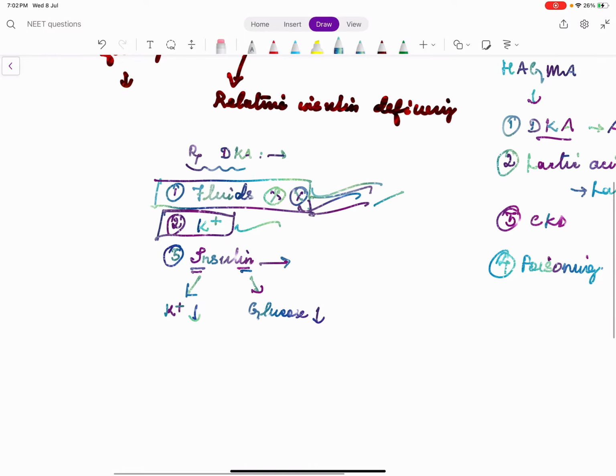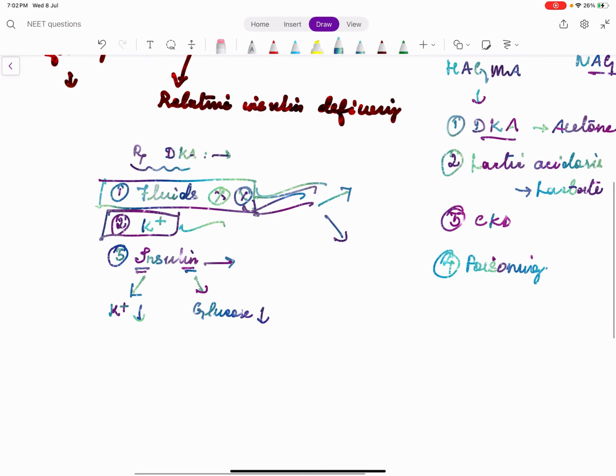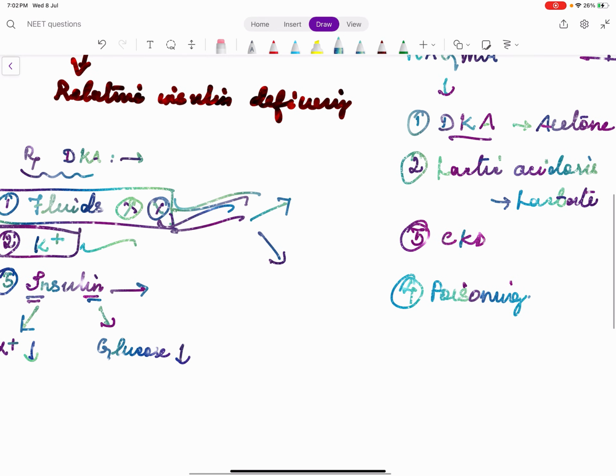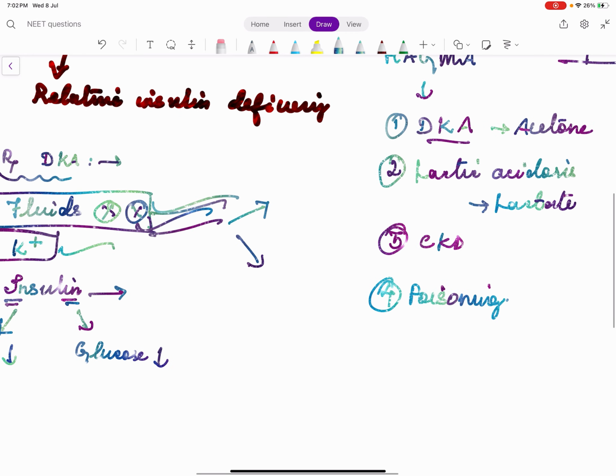Now what fluid are you going to give? Fluids are of two types. It is reasonable to discuss fluids a little bit, because 2 to 3 questions came on fluids in the last 2025 NEET. We have colloids and crystalloids.